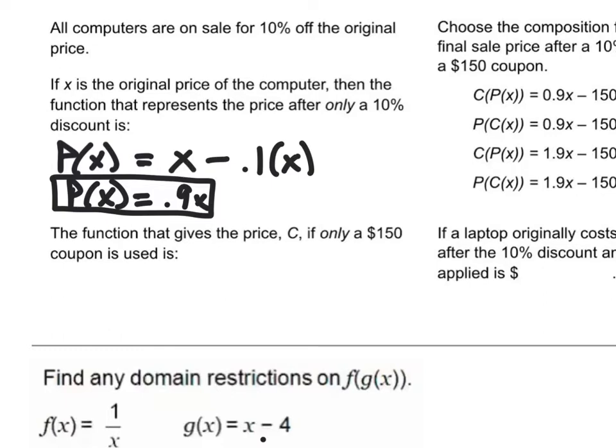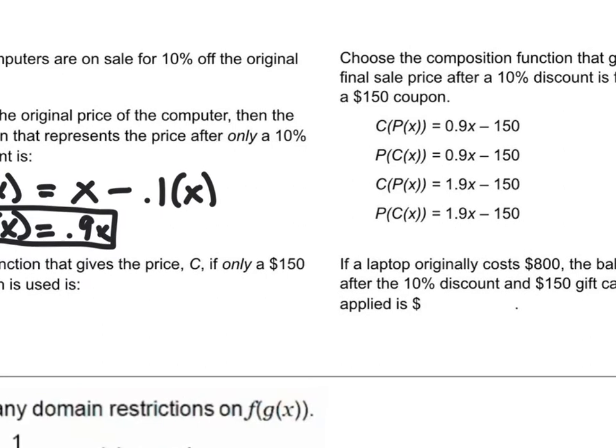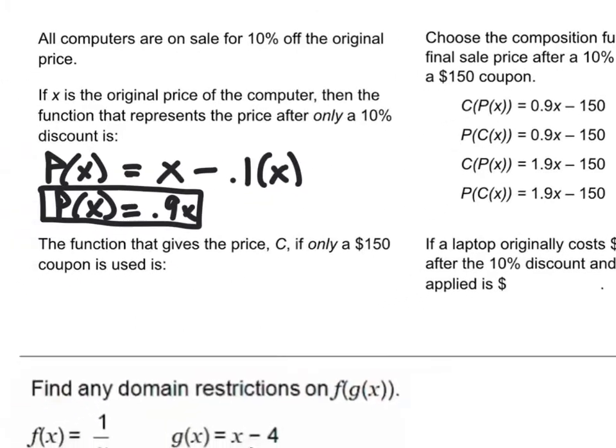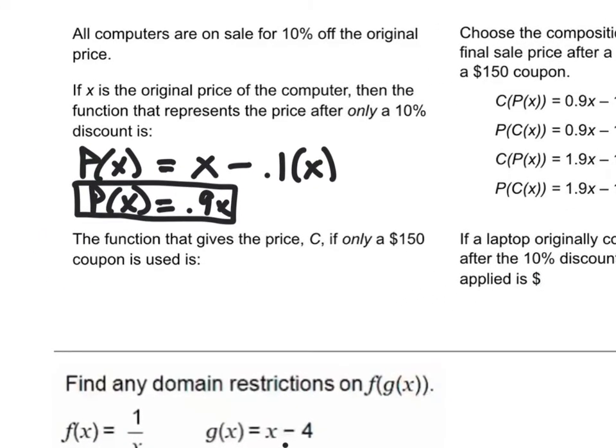And then all of a sudden it says, all right, well, let's say that we have a coupon, where it says, the function that gives the price C if only a $150 coupon is used.